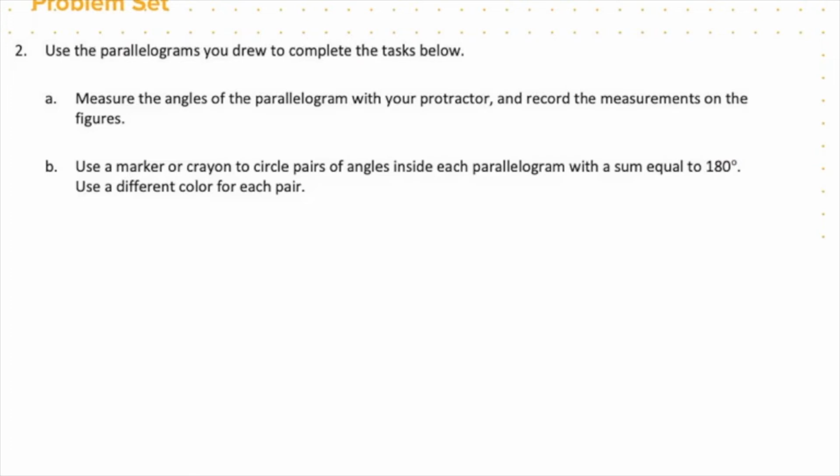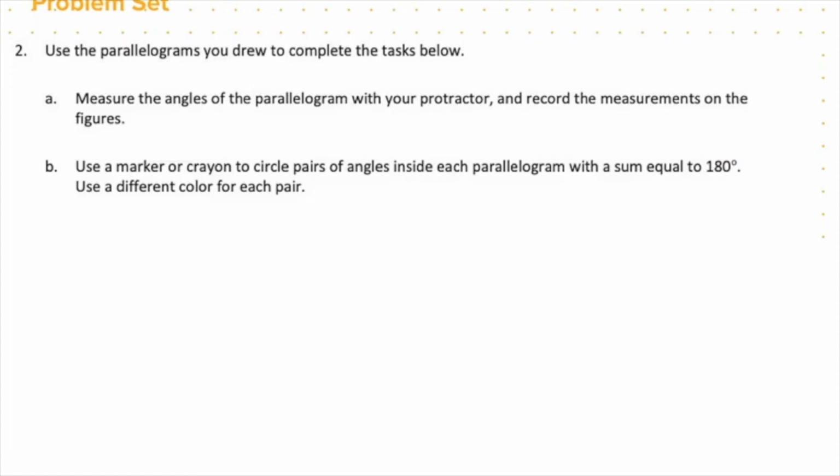Part A says, measure the angles of the parallelogram with your protractor and record the measurements on the figures. That's already done. If you copied down exactly the way the diagram looked from the Math is Fun website and you click that button that said angles, you already have all of the angles for each angle in your diagrams.